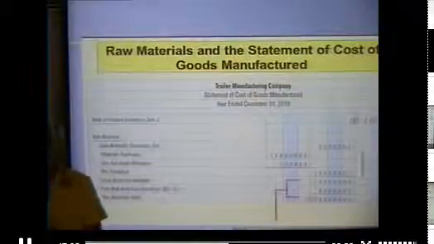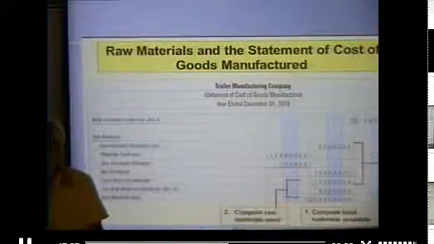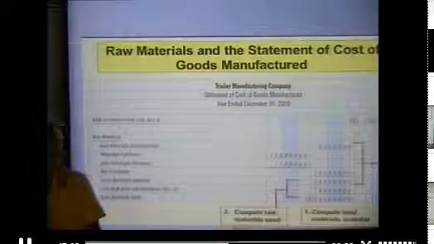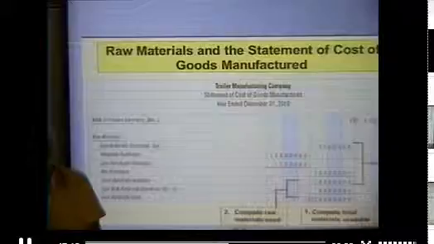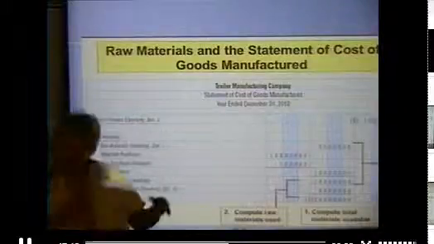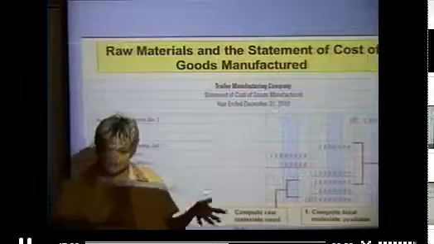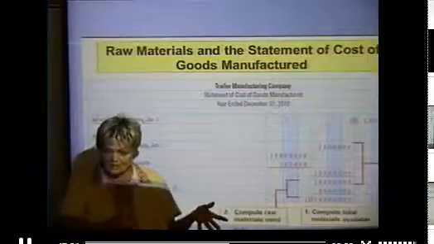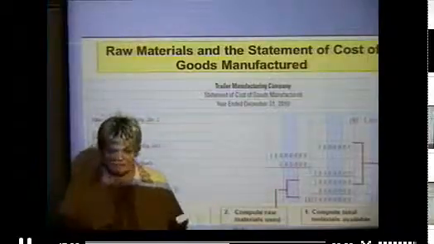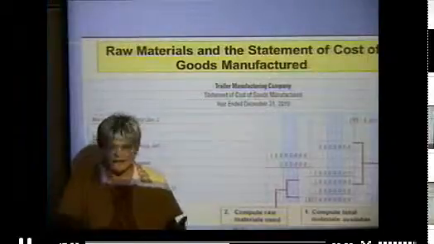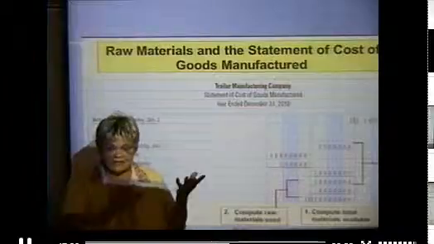How much left? The difference is the amount used, just like regular inventory. You started with so much, purchased some more during the year. At the end of the year, you go look and see what you have left, just like supplies. Subtract it to see how much you used. Same logic. Okay?